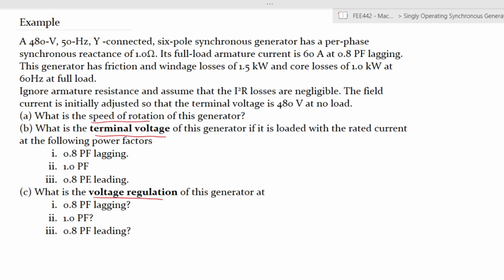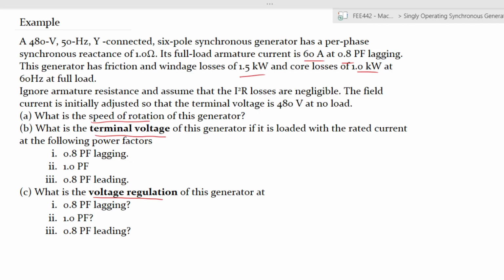This demonstrates what we have just talked about empirically. We want to look at it practically. So we want to look at it quantitatively as opposed to the qualitative discussion that we have just had, right? You have those losses and you have a full load armature current given by that initially, okay?